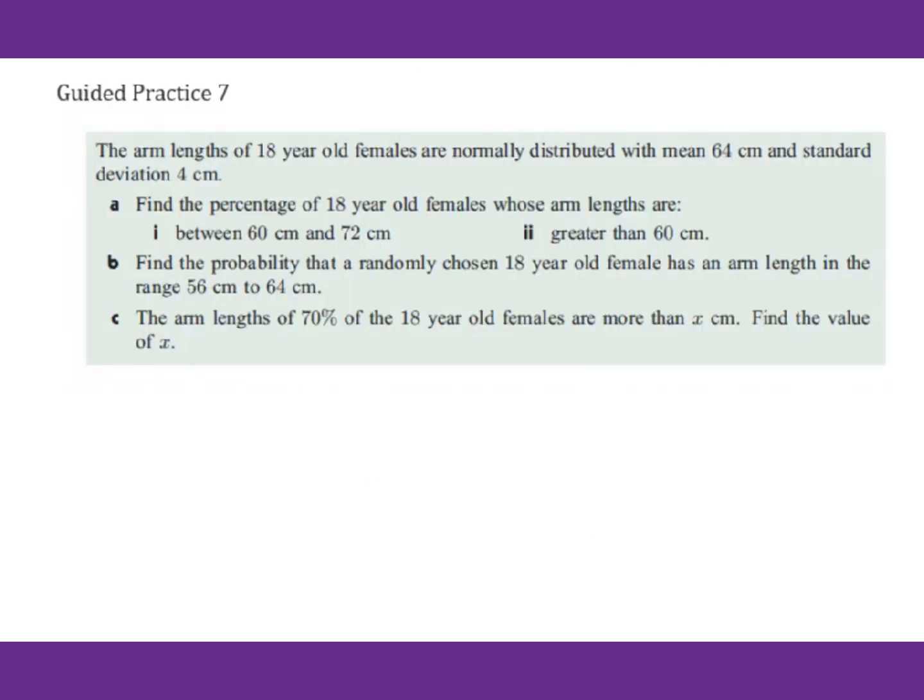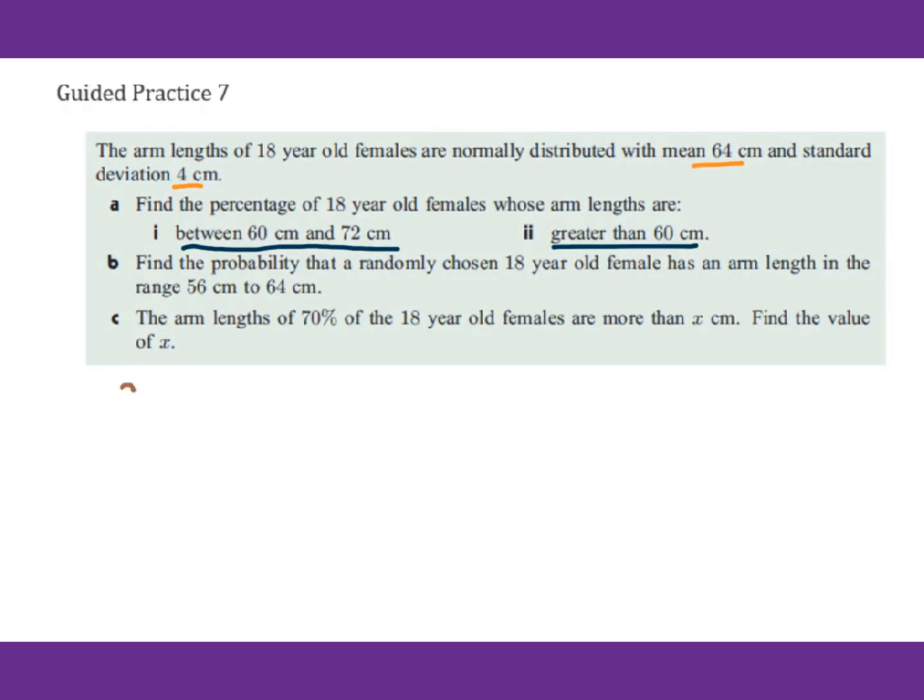Now let's go to guided practice 7. The arm lengths of 18-year-old females are normally distributed with mean 64 centimeters and standard deviation 4 centimeters. For A, find the percentage of 18-year-old females whose arm lengths are between 60 and 72 centimeters, and greater than 60 centimeters.